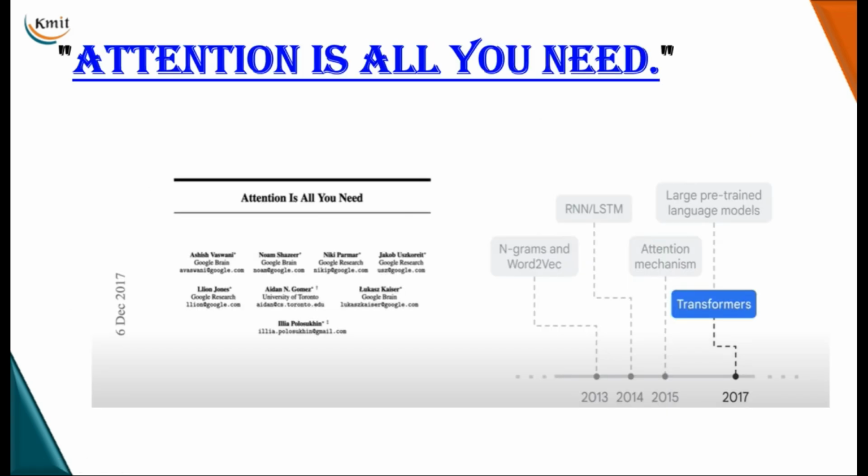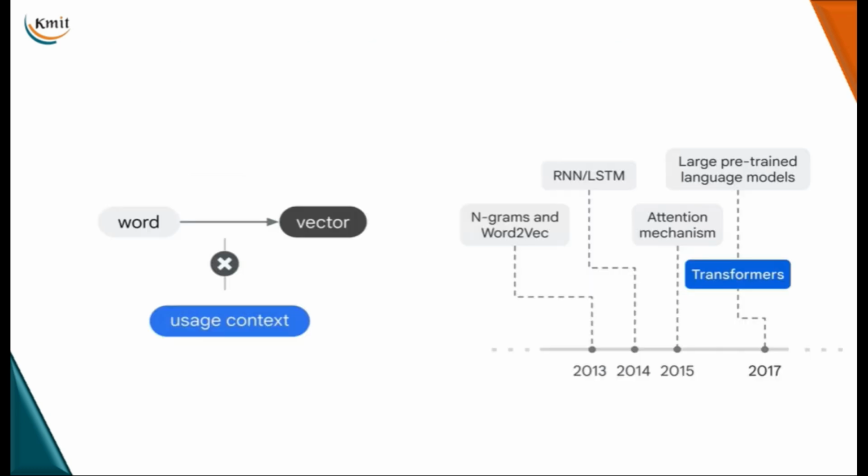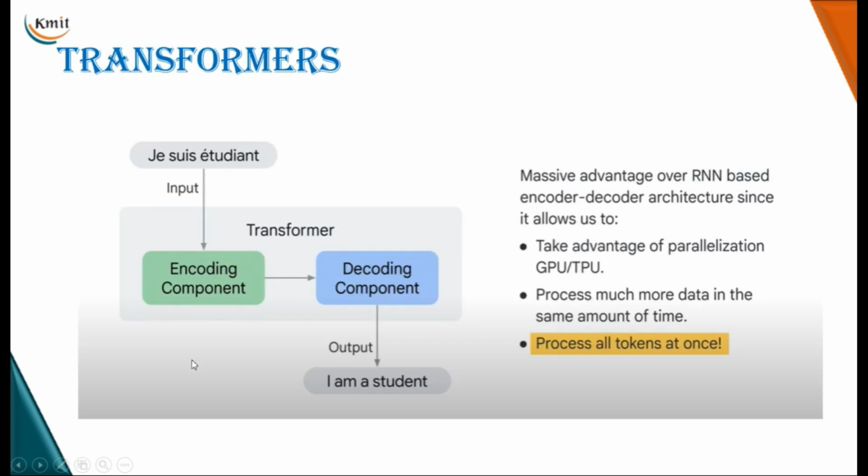The entire revolution of transformers came into picture with this concept called attention. Attention Is All You Need is the paper developed by Google Brain, with which the concept of transformers came into picture. So not just using the words and vectors, but using the context was the important parameter considered when designing transformers.